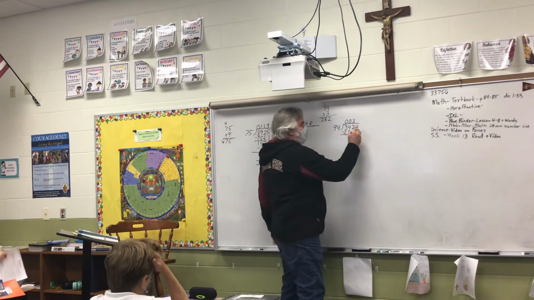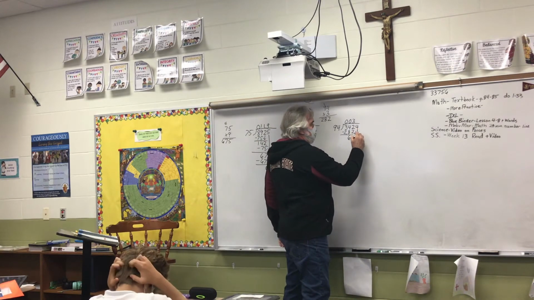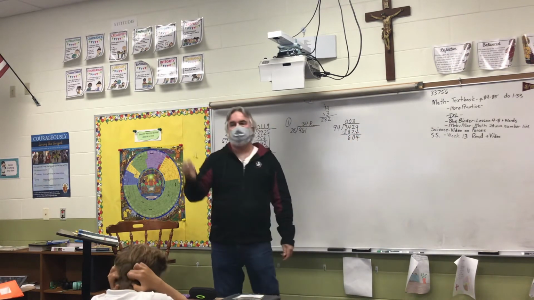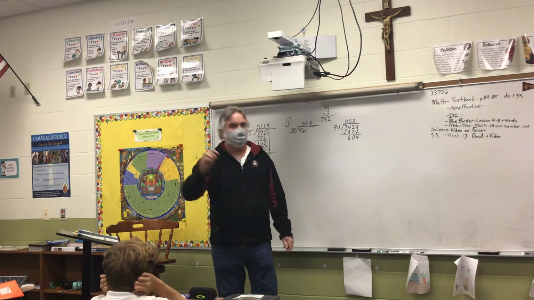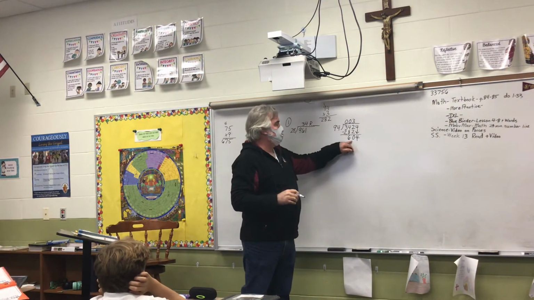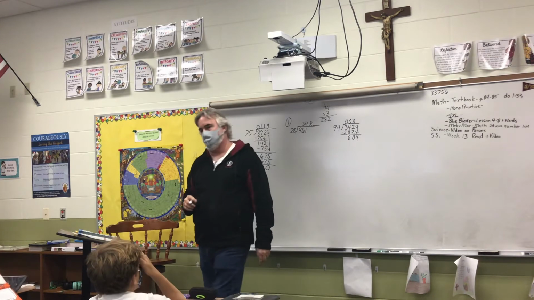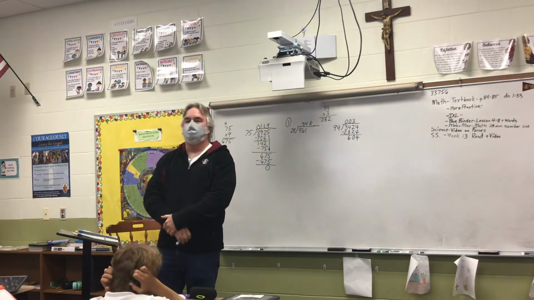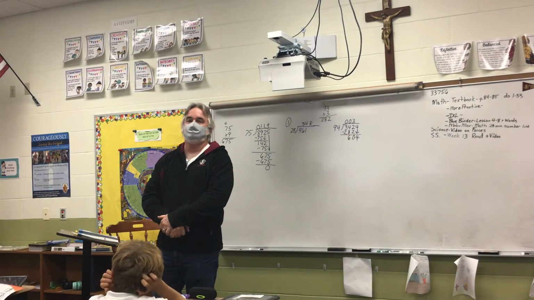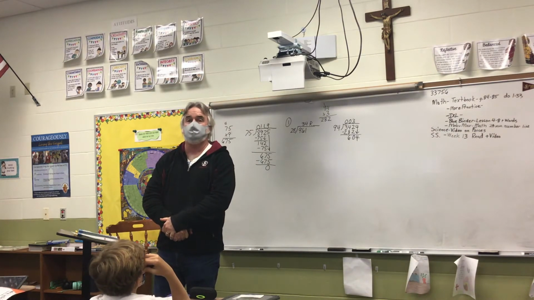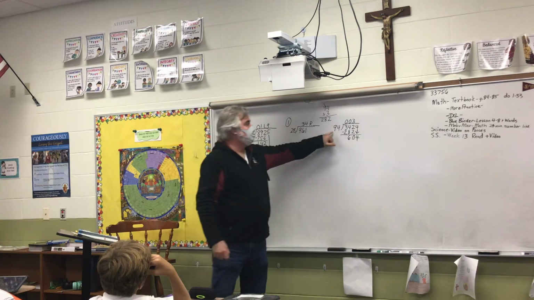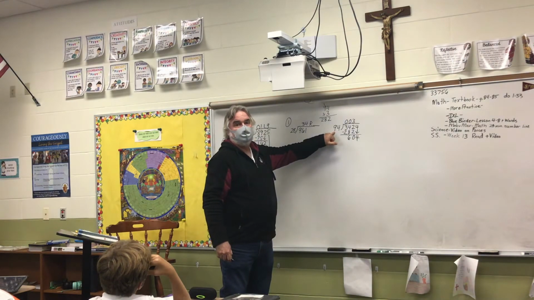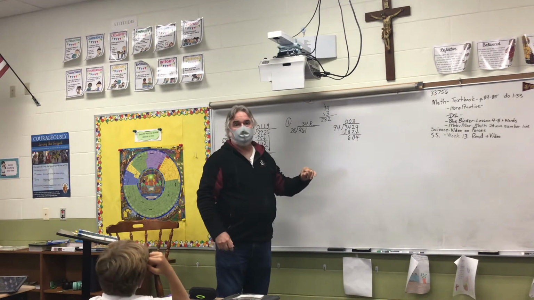Okay? Now, next step, bring down the 4. Now I'm back to the beginning again. Okay? 94 into 604. What am I looking at, Ryan? I'm looking at the 9. And what else am I looking at? 60.